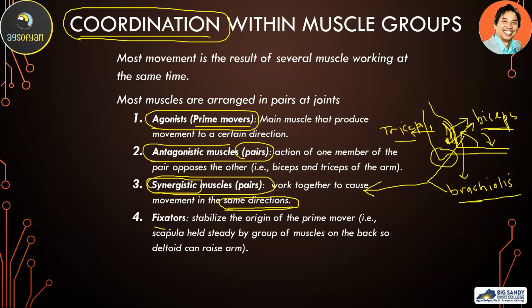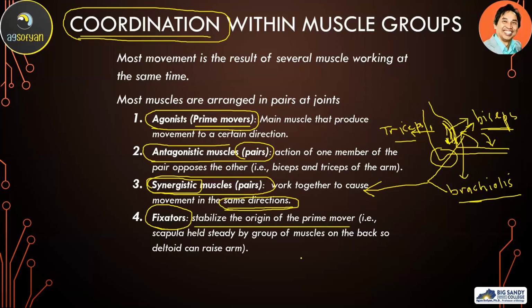The last one is this group of muscles called the fixators. These are the muscles that fix or stabilize the origin or the bones of the prime mover, so that it will not go away. It will stay in its place.